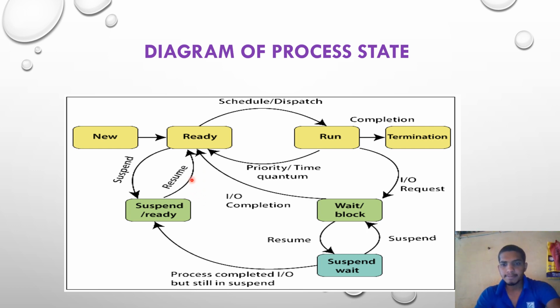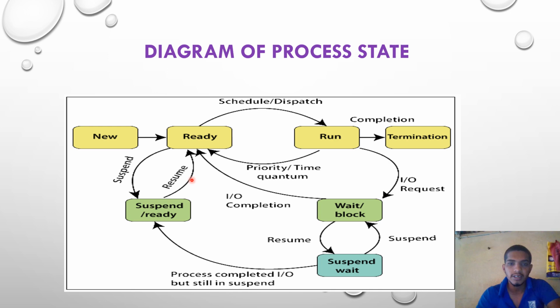If main memory is full and a high priority process comes, then to make room for that process in main memory, a lower priority process is thrown out into secondary memory, and the suspended ready process remains in secondary memory.